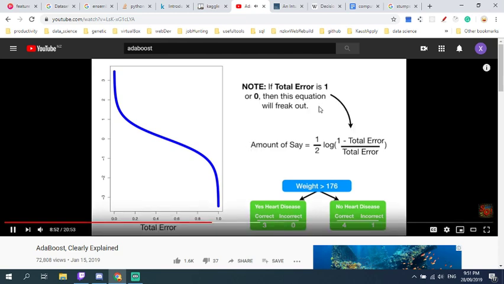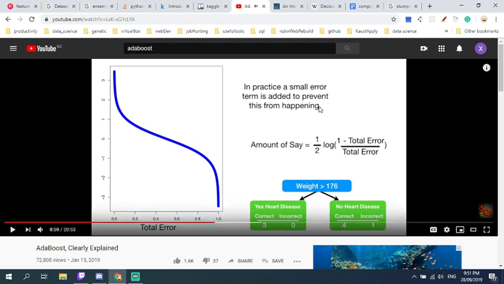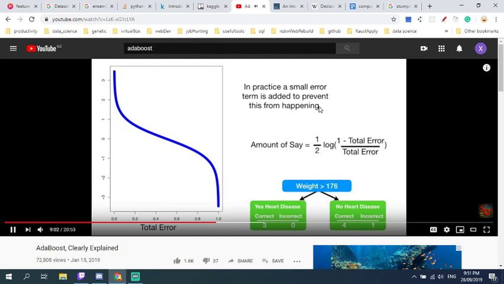Note, if total error is 1 or 0, then this equation will freak out.